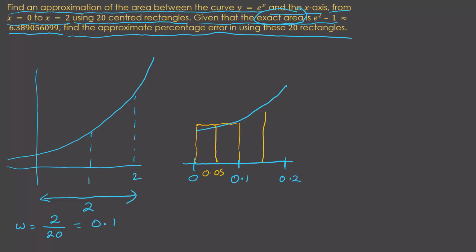And then the height of the next one is at 0.15, which means because the width's 0.1, we're going up by 0.1. And the second rectangle would be here. And of course, the curve we're told is y equals e to the x.